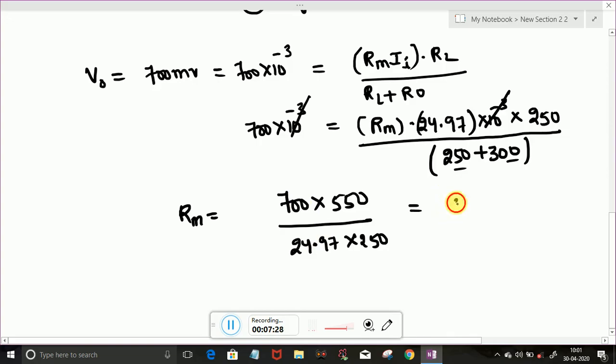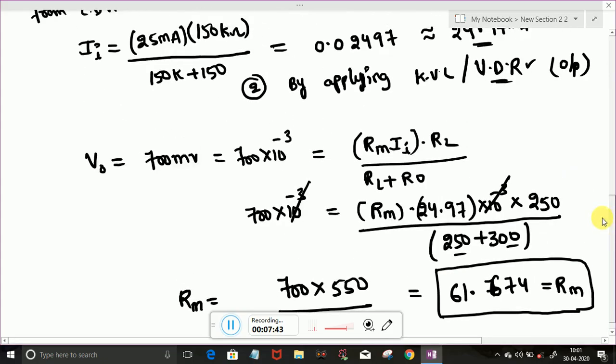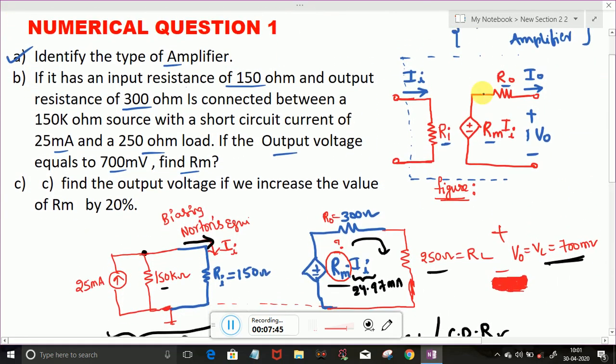I have simplified this and I got 61.674. So this is the value of Rm. You solve again on your own and check this value. So we are done with the second question, find Rm, and we got this as 61.674.